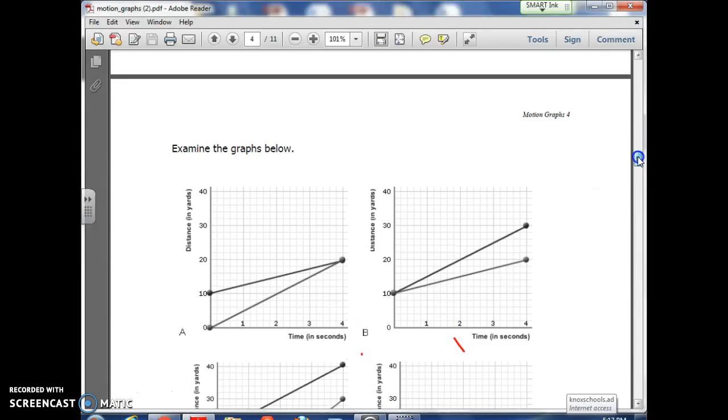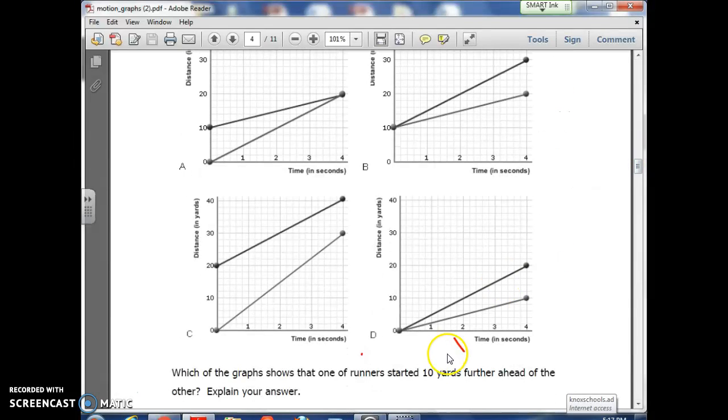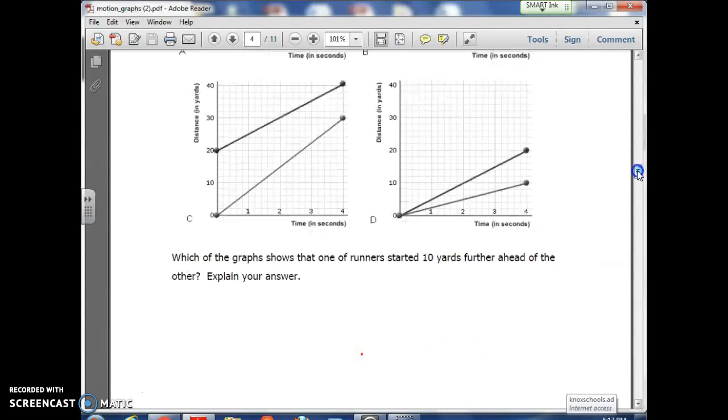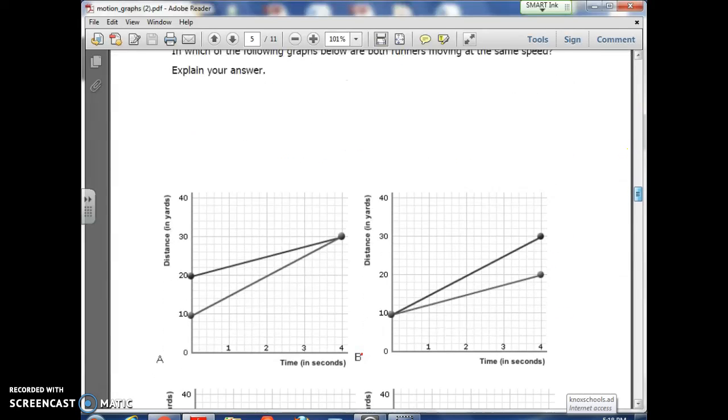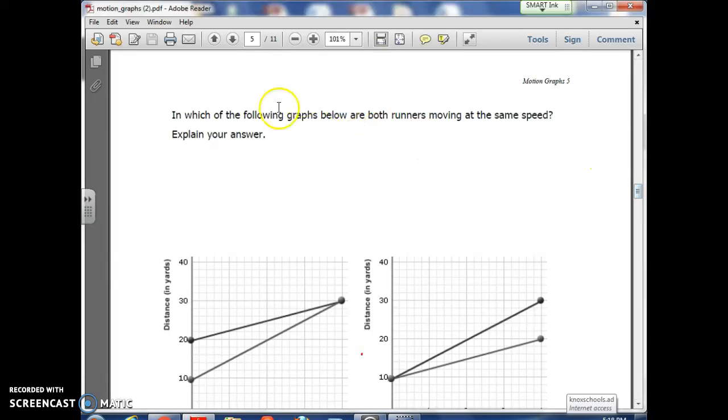Alright, flip the page over again. Should have some graphs you can look at, 4 of them. Go ahead and answer this question, which shows the runner started 10 yards ahead of the other. Maybe write an explanation. And then after you answer that one, flip your page again. Alright, question says, which of the following graphs are both runners moving at the same speed?